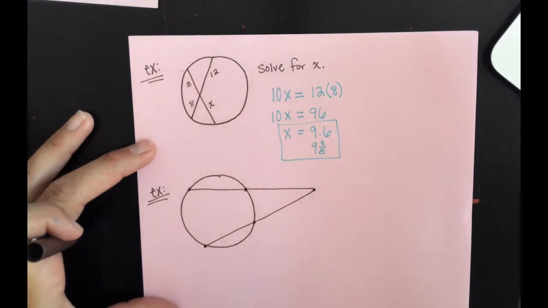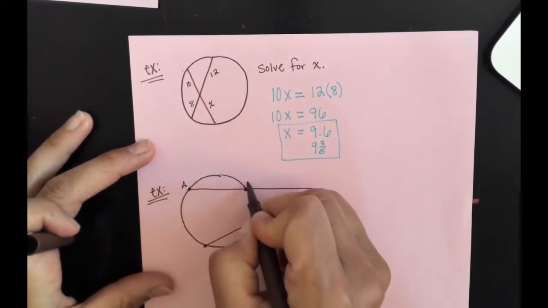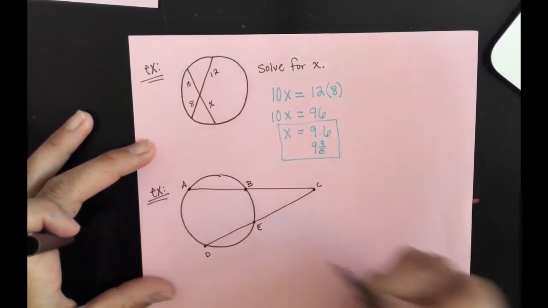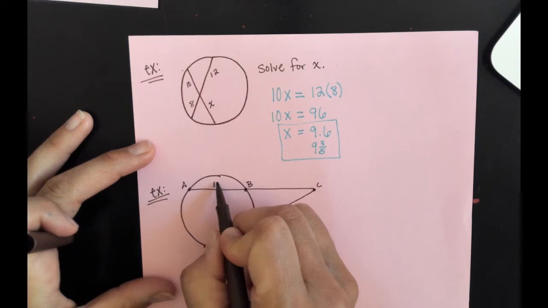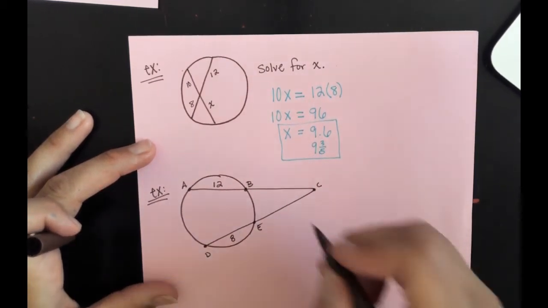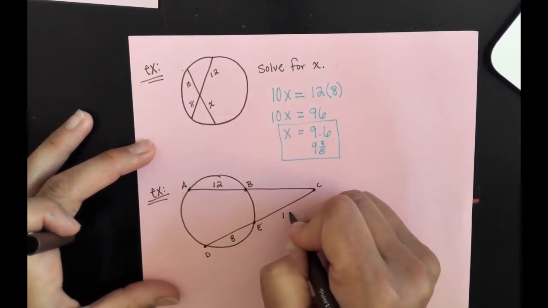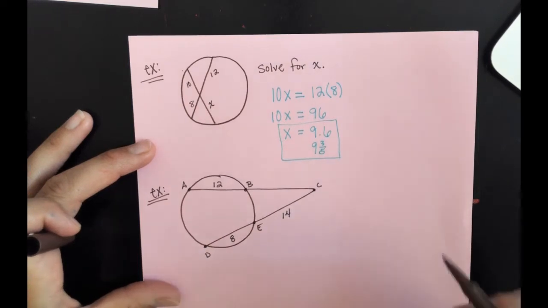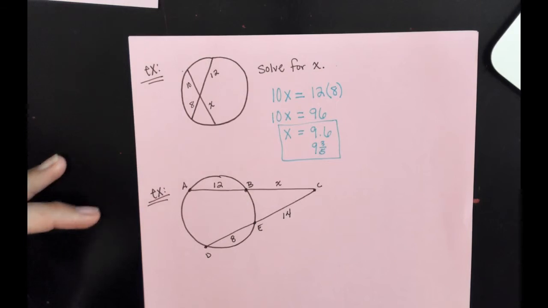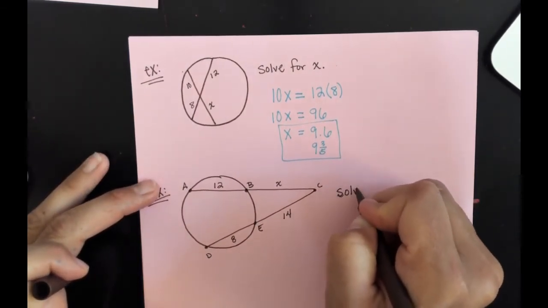So A, B, C, D, and E. Let's make this guy 12. This one looks smaller, 8. This one will make 14. And I want to figure out what BC is. That's X. So again, we're going to solve for X.